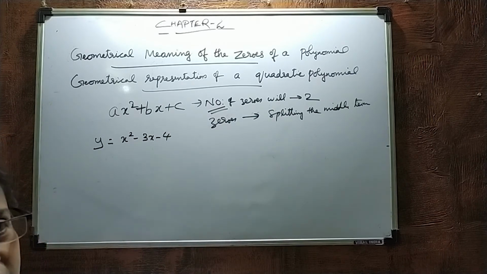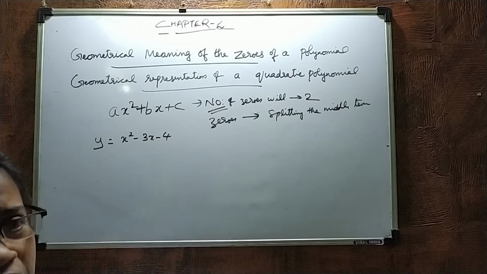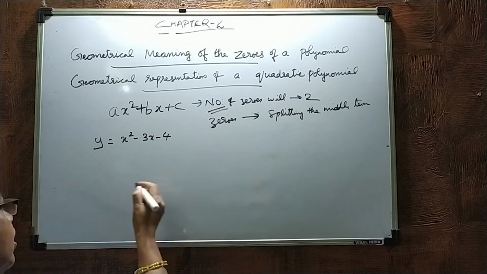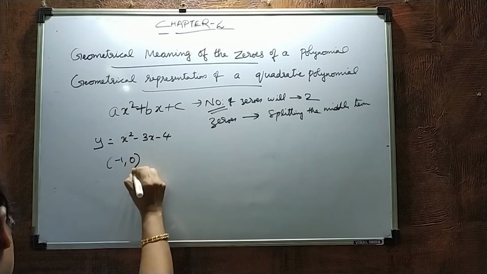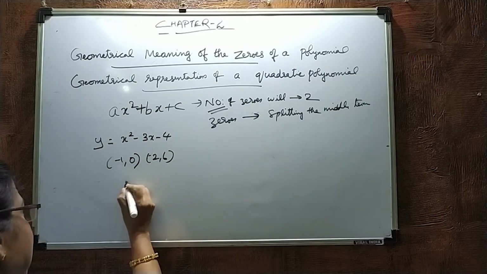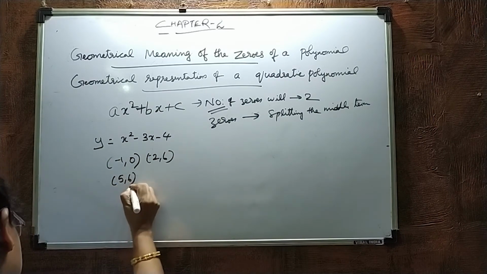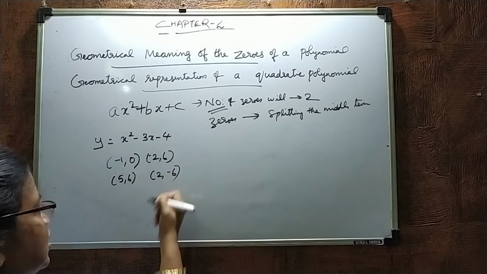Later we will learn this once again for the linear equation, so that will be explained later. Now you got the coordinates as negative 1, 0, then 2, negative 6, and so on.